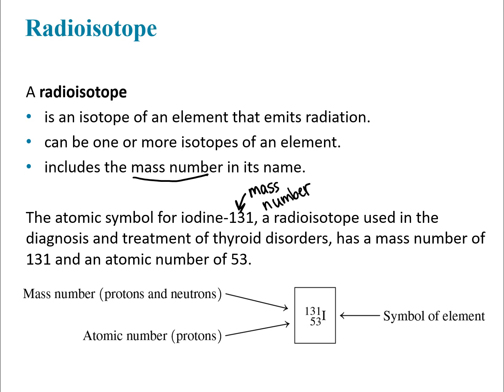The other number that's shown in the atomic symbol is the atomic number. Just as a quick refresher, where do you find the atomic number? If I don't give it to you, where can you find the atomic number?